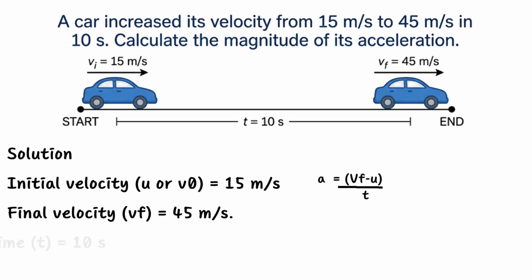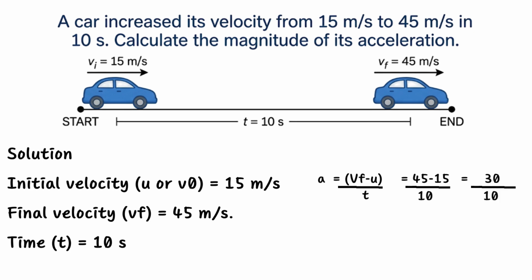The time is 10 seconds. So we have 45 minus 15 divided by 10. So we have 30 divided by 10 to give us an acceleration of 3 meters per second squared. I'm sure you know how we came about this unit of meters per second squared for acceleration. If you don't understand how this is possible, you can watch our video on physical quantities.